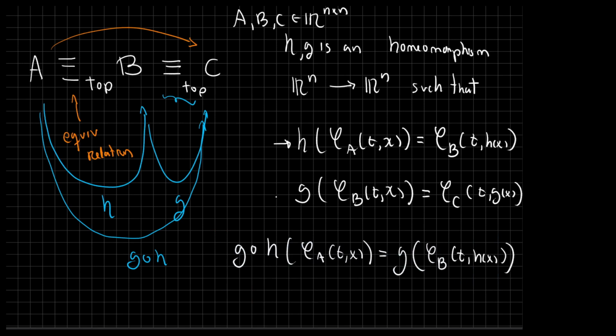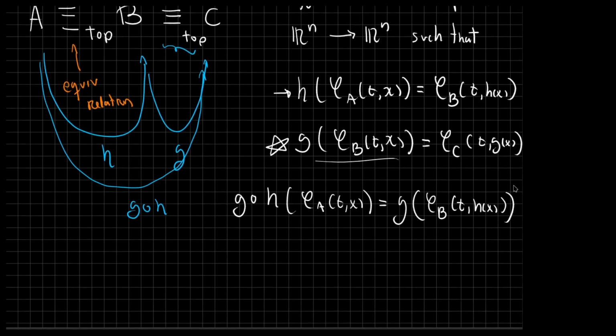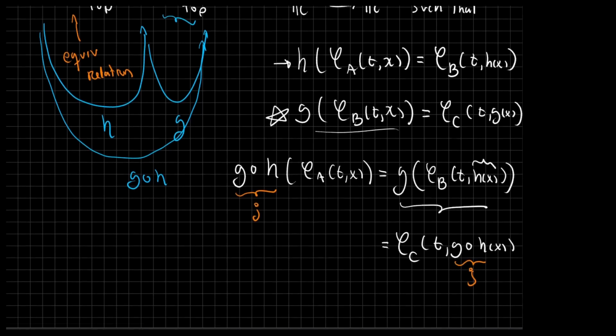But then, since this also holds because G is a topological conjugation, then we can replace this thing by the flux of C in t of G of x. But here x is H of x, so this will be G composed with H in x. So you can call this some function J, and this will also be J. So it holds the property that we are looking for.